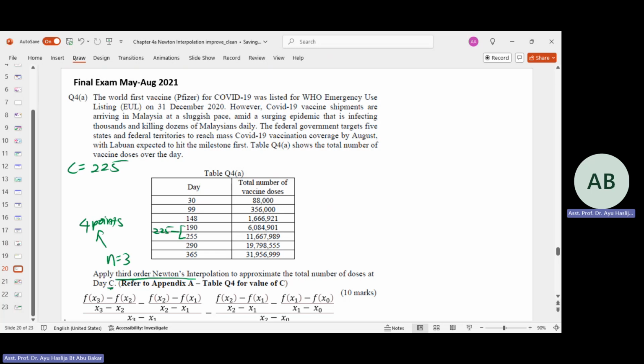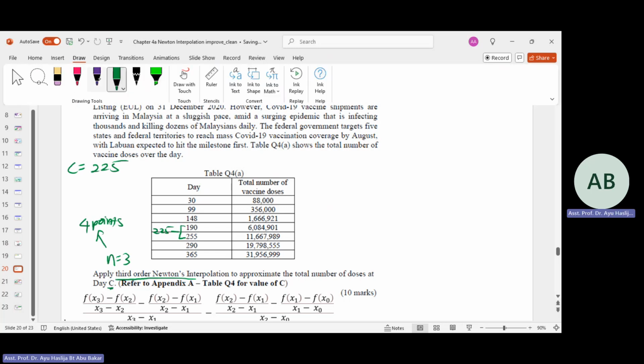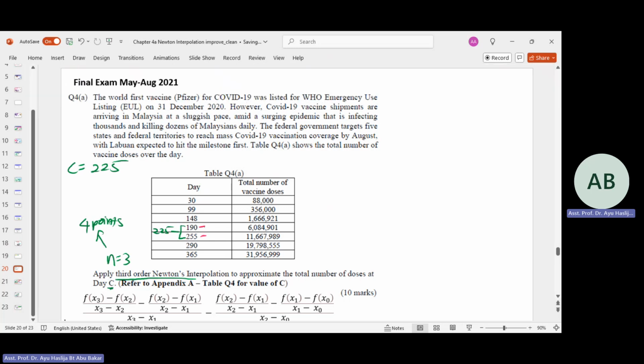So what you need to do is, these 2 must be included. The other 2 are either above and below. So this can be your data points, the first choice.